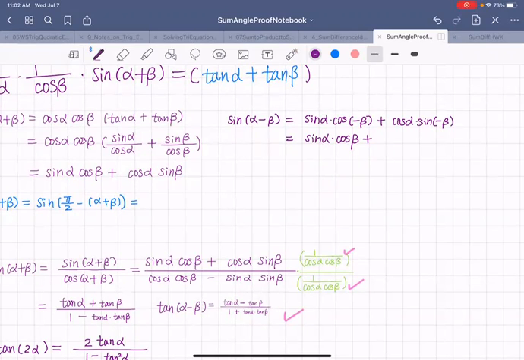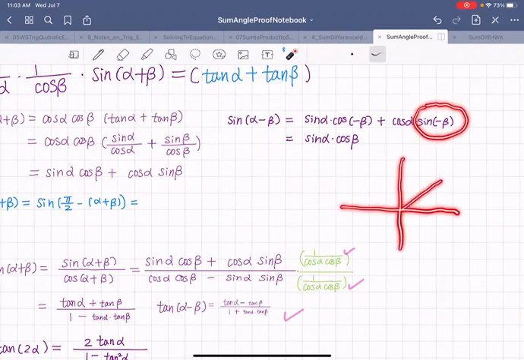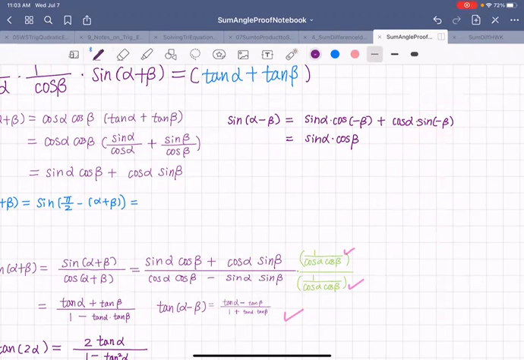Let's remember the thing we learned before. How much is this one? All students take class. So in quadrant 4, sine is negative, yes, negative, okay. Correct?